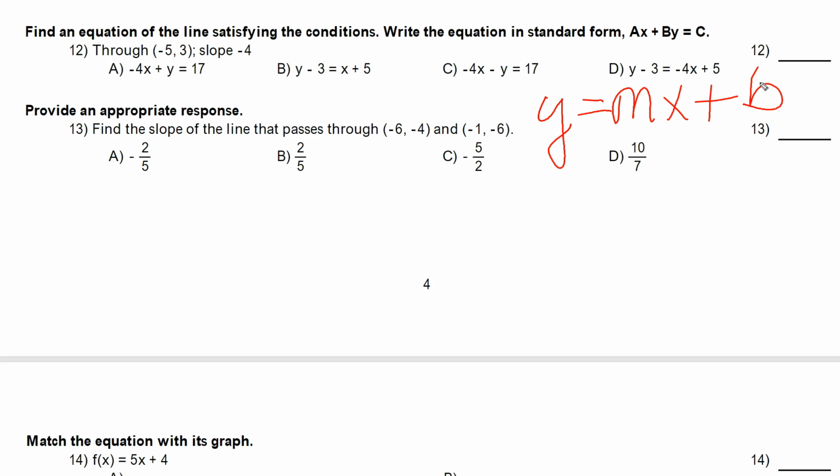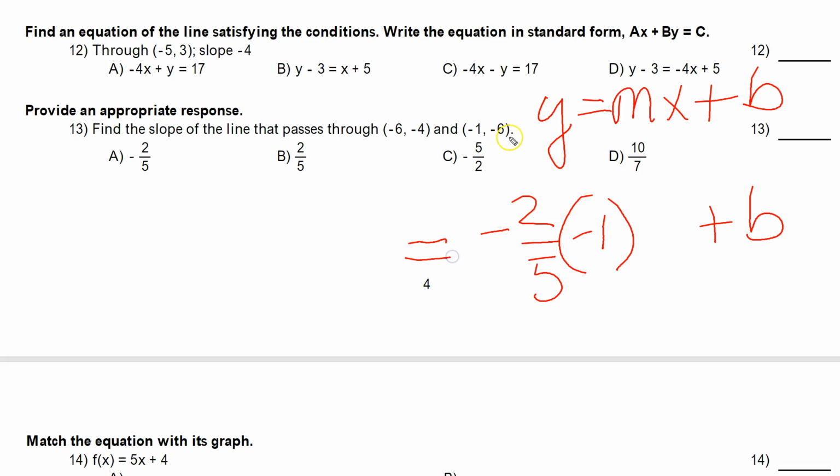So we know our slope is a negative 2/5, and we want to find out what our b is here. Now we know our x, and we'll use this one here. Our x is a negative 1, and our y is a negative 6.